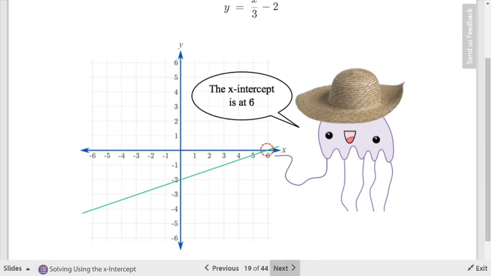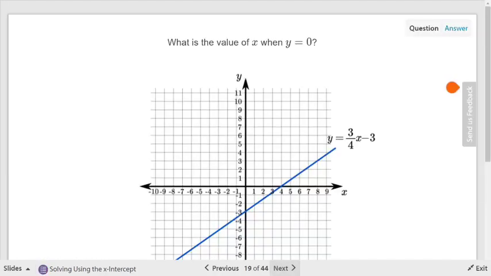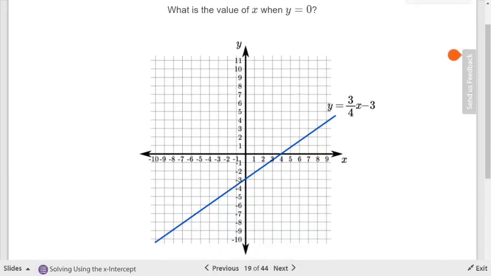Okay. All right. So look at this graph, guys. What is the value of x when y equals 0? 4. Excellent. Because y equals 0 literally means the x-intercept, and that's at positive 4. Okay?